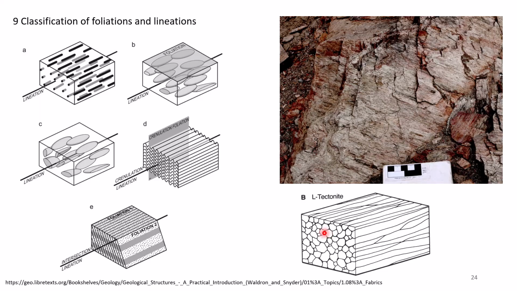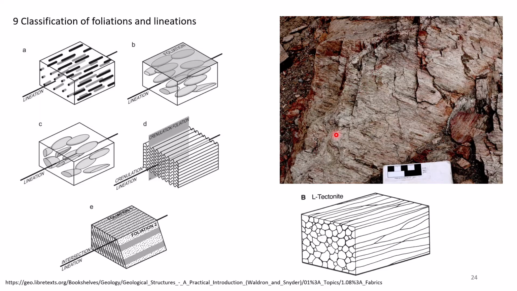I also want to come back to the L-tectonites, which are rocks that have formed during constrictional strain or prolate strain, where we see pencil gneisses, for instance. A strong lineation is developed throughout, but a foliation is largely absent. Here in the photograph, we see an LS tectonite.